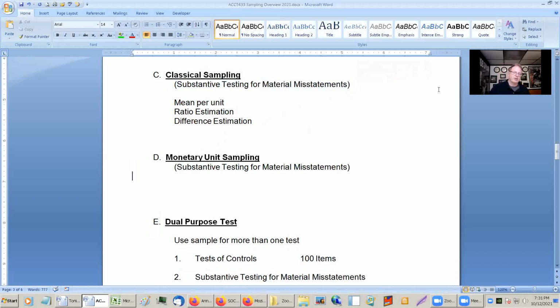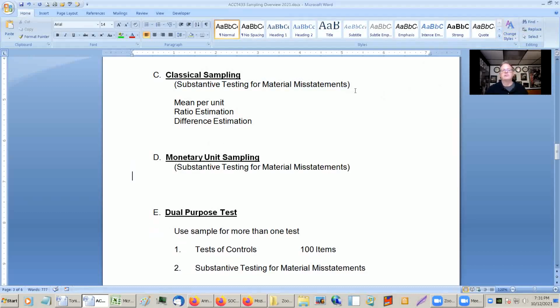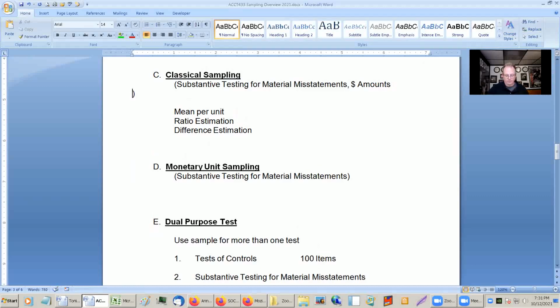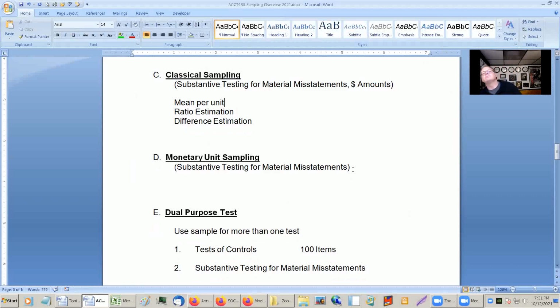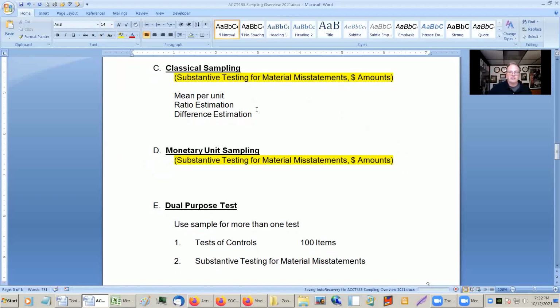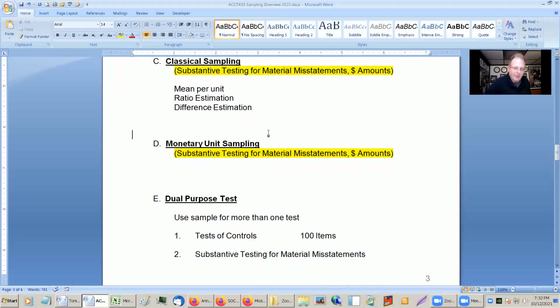These are both substantive tests. They're both for dollar amounts. So classical sampling, mean per unit, all that kind of stuff, those are for dollar amounts, and so is monetary unit sampling.